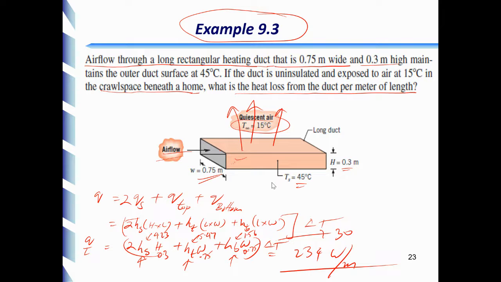Can you repeat how to find L for the top surface? Top surface, how to find L?